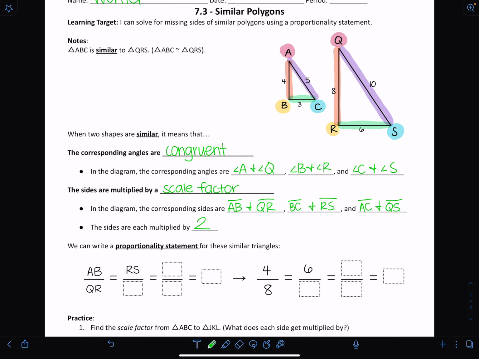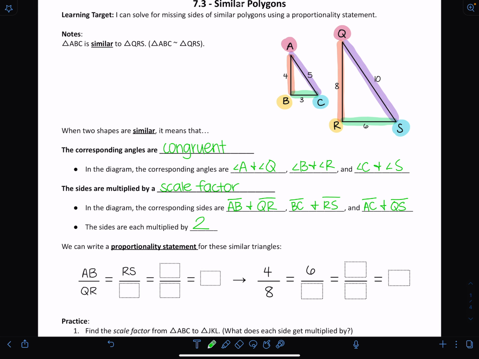Perfect. Scoot on down the page a little bit. We can write a proportionality statement for these similar triangles. So I'm going to try and color code these the same way we did our diagram above. The first sides that it gives us are AB and QR right here. AB in our left triangle was orange.